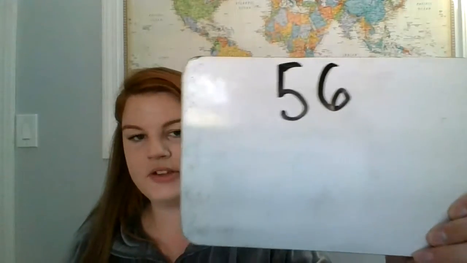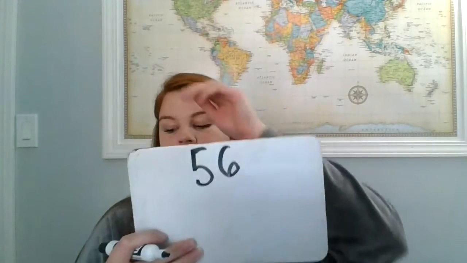All right, let's think of a new number and do the same thing. Let's do 56. Here's our number, 56. I want you to think, what would be 10 more than 56?